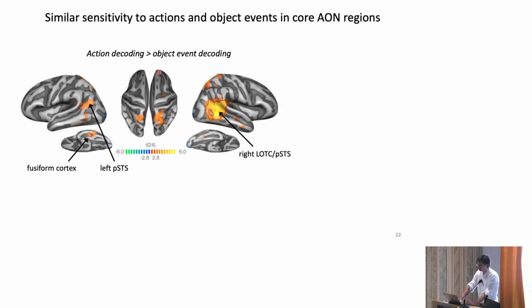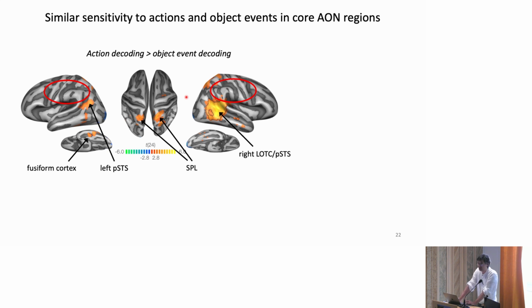So there are also some other regions that show some trends, such as the left PSDS and the fusiform gyrus, which makes sense as they are both associated with the processing of body parts and movements, as well as the SPL. However, we found no differences in the premotor cortex and in the IPL.